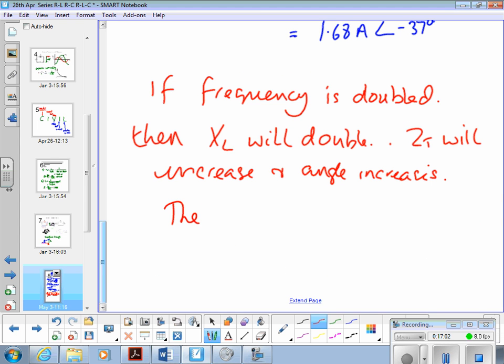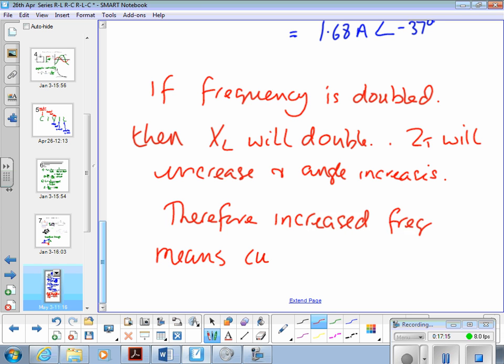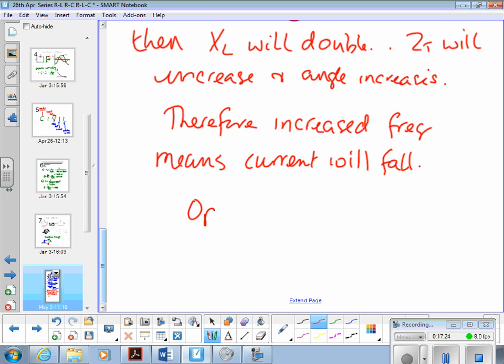Therefore, increased frequency means current will fall. The opposite is true if frequency is reduced.